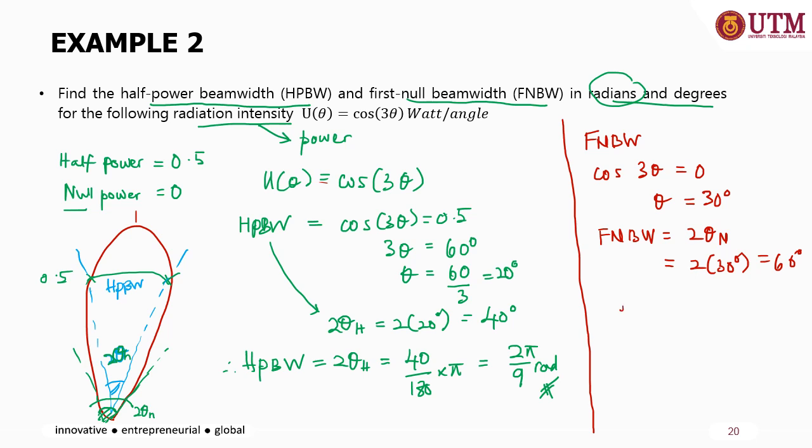In radians, 2 theta null equals 60 divided by 180 times pi, equal to 1 over 3 pi. Don't forget the unit in radians. Therefore, your FNBW equals 60 degrees, also equal to 1 over 3 pi radians.